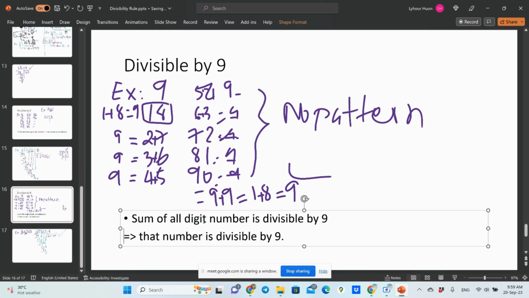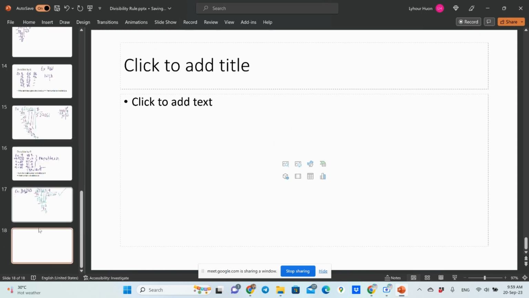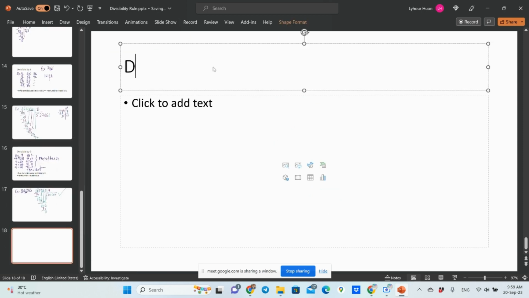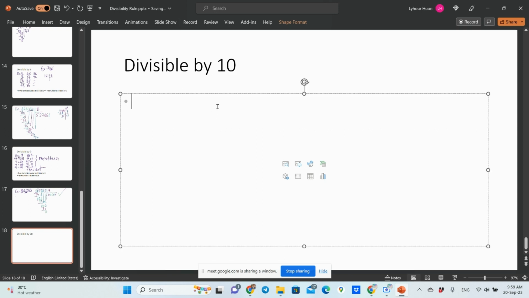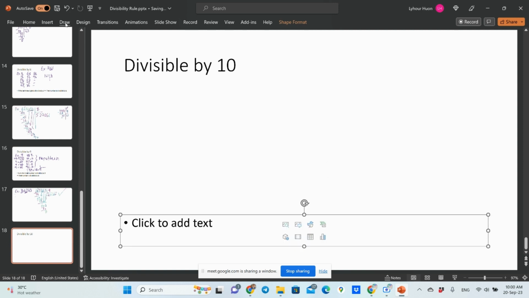Okay. The very last one is divisibility by 10. Divisible by 10 is the very easy one. You don't need a scholar or any mathematician to help.